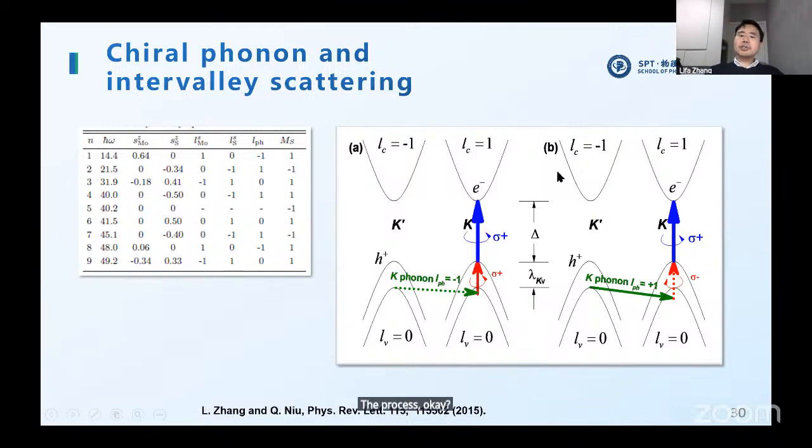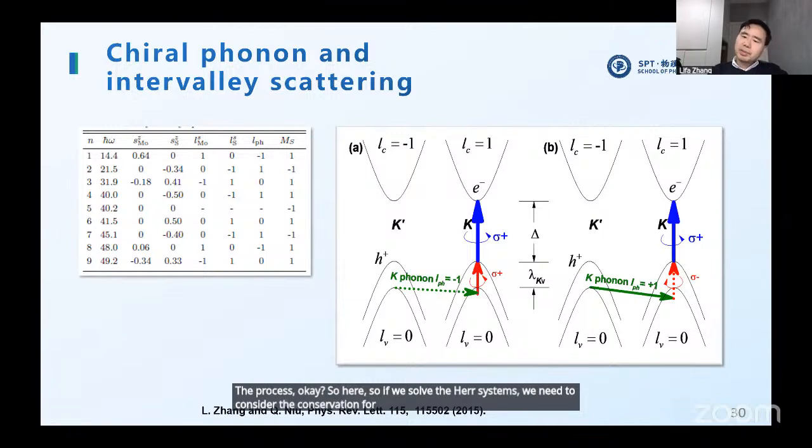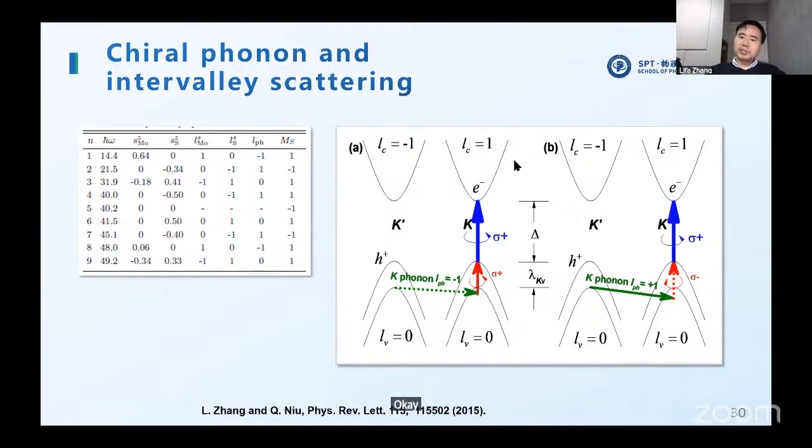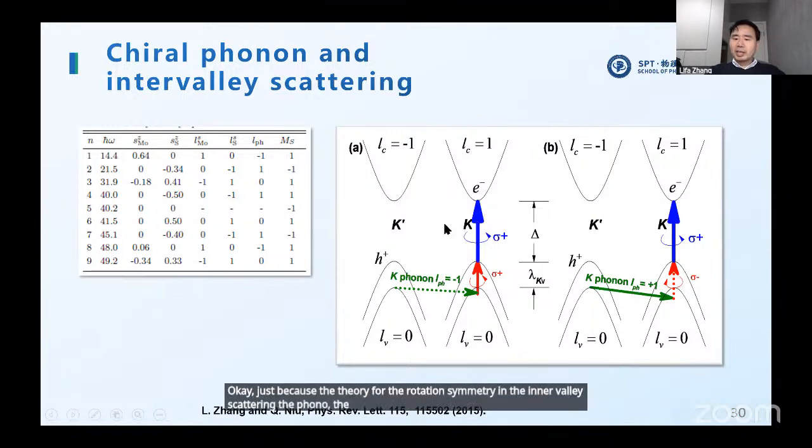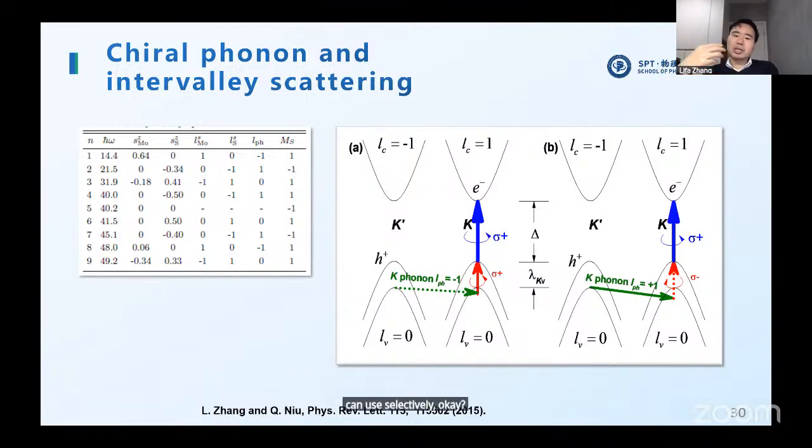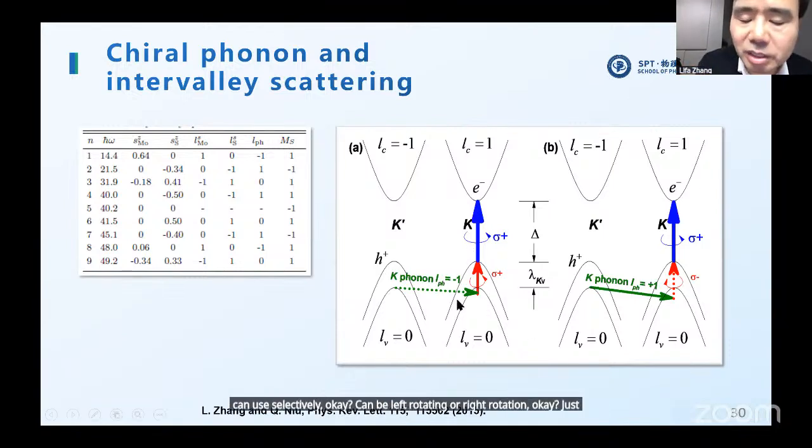If we solve the whole system, we need to consider conservation of energy, of momentum, and of symmetry, the threefold rotation symmetry. Because of the threefold rotation symmetry, in intervalley scattering the phonon can be selectively left rotation or right rotation.